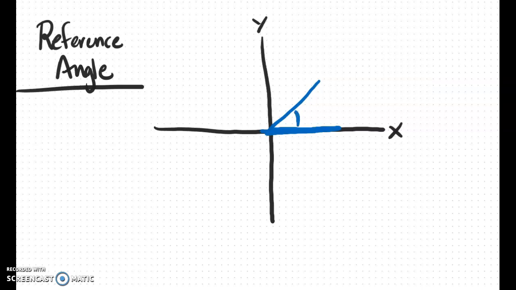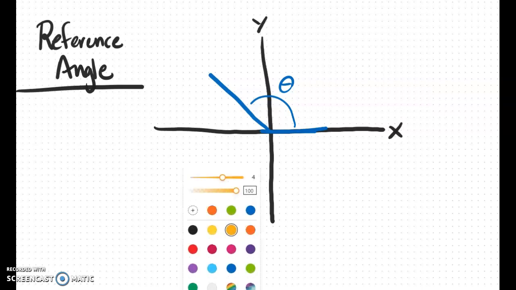This is an acute angle. But no matter where our angle falls, so if our angle falls into quadrant 2, this is our angle. And now our reference angle would be this part.